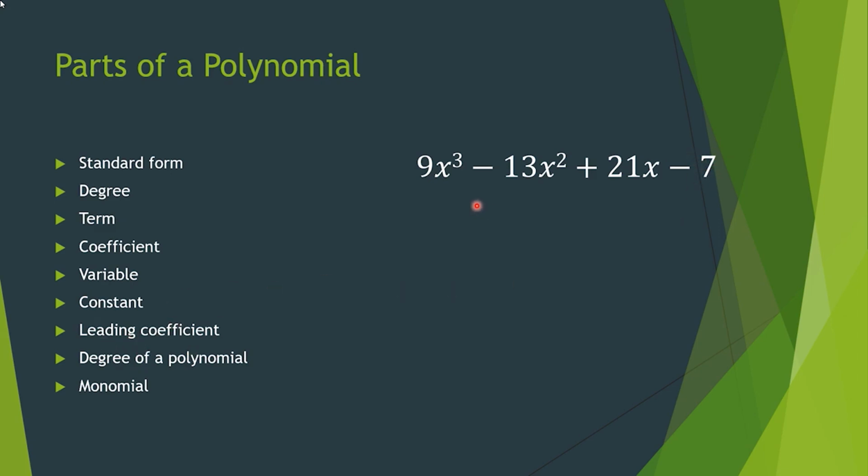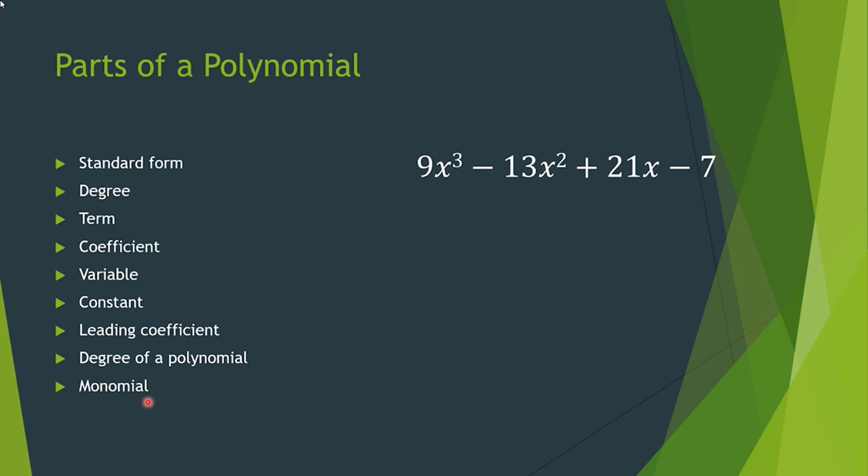Leading coefficient, you look at all these terms, the one with the highest degree is the one that's supposed to lead. So that would be the leading coefficient. Here would be 9. Again, coefficient is referring to the number in front of the variable. Degree of a polynomial, you look at all the degrees of each of the terms. The highest would be the degree of the polynomial. So here would be 3.